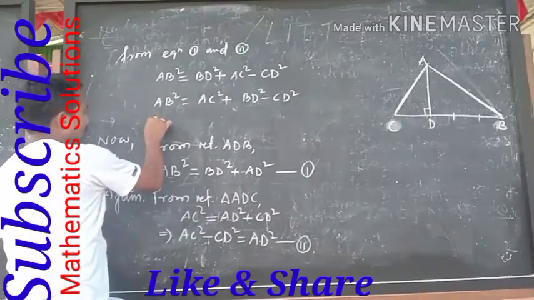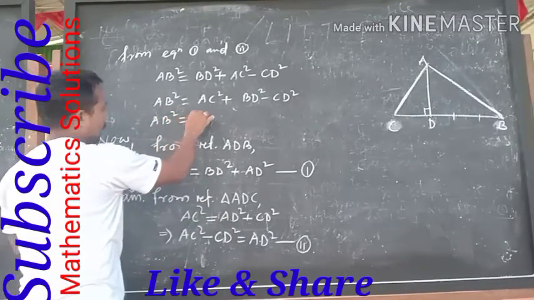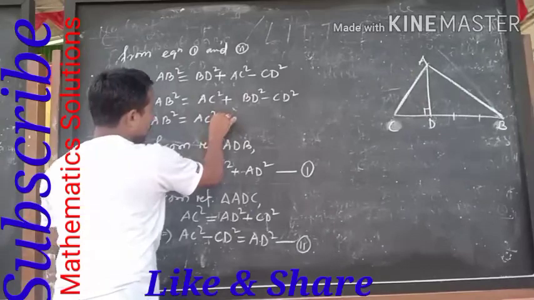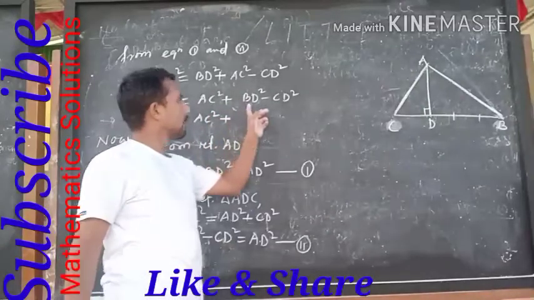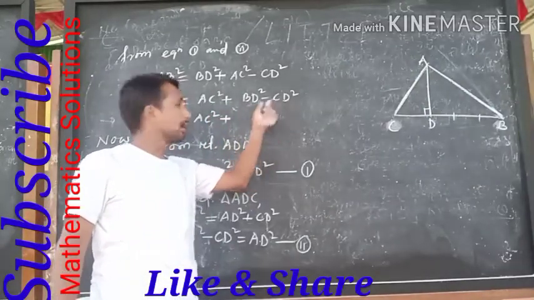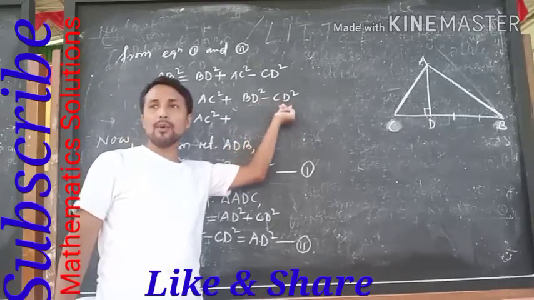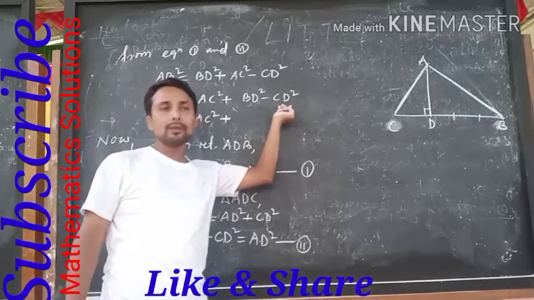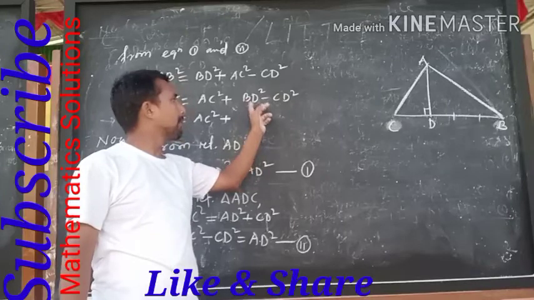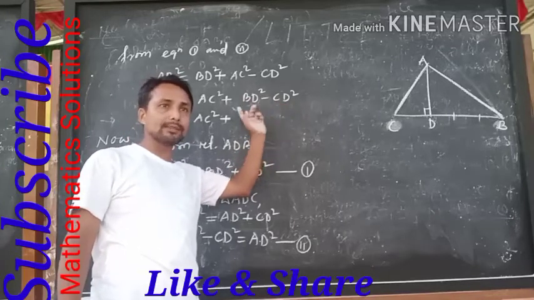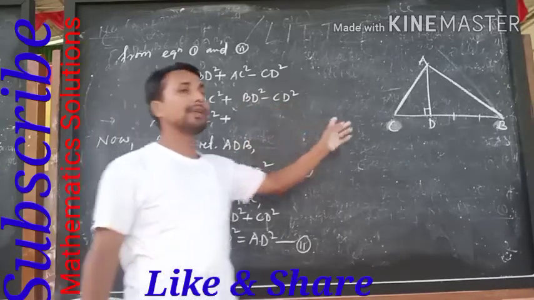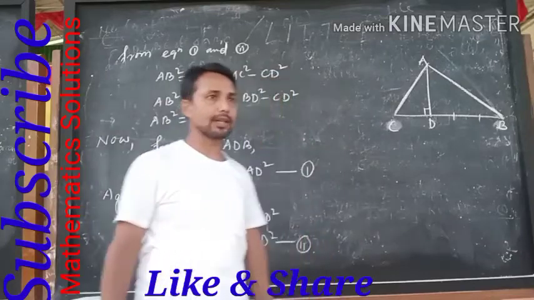Here AB square equals AC square plus, you can see this part is of the form A square minus B square. We have to remove BD or CD, and in place of this BC square is required.